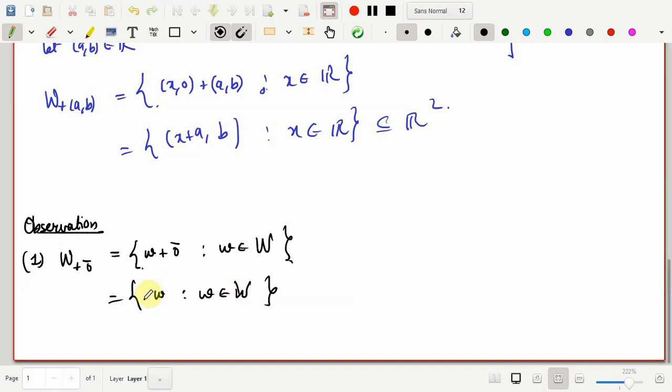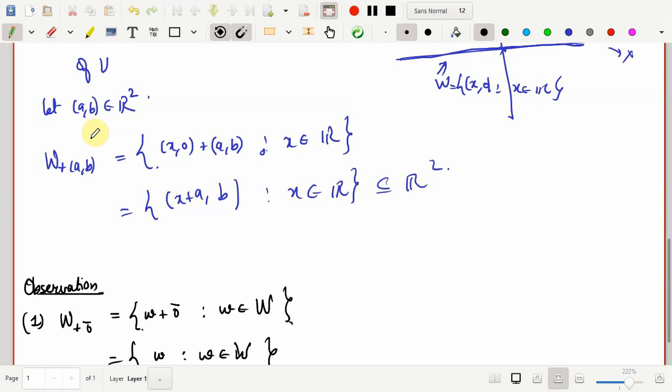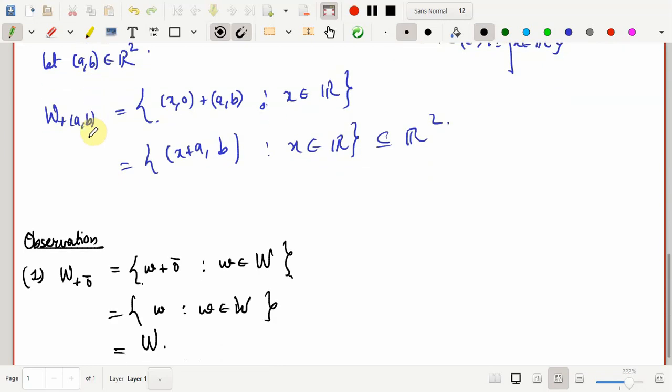This is the set of elements varying over the set W, which is nothing but W itself, right? So this is one observation that one can make, that W plus the 0 element in V is the same as W. Now this 0 element depends on what vector space you are talking about, like in the previous case, the zero vector is (0, 0).